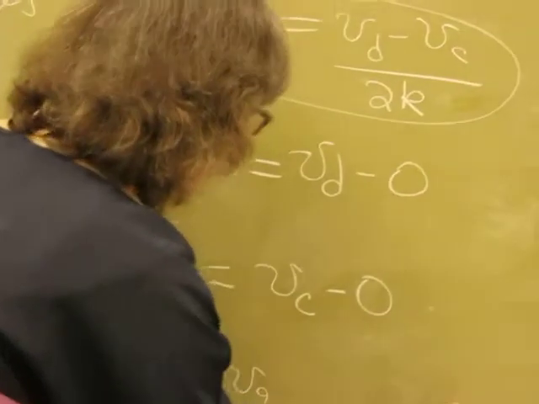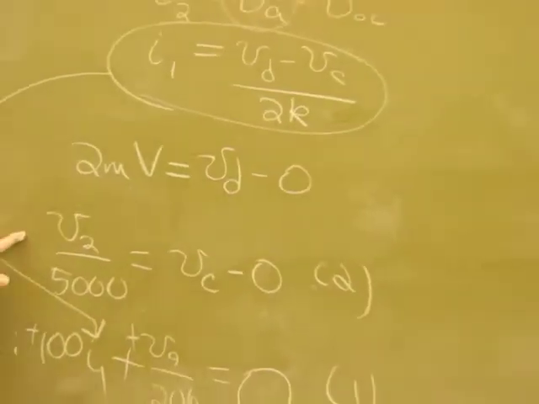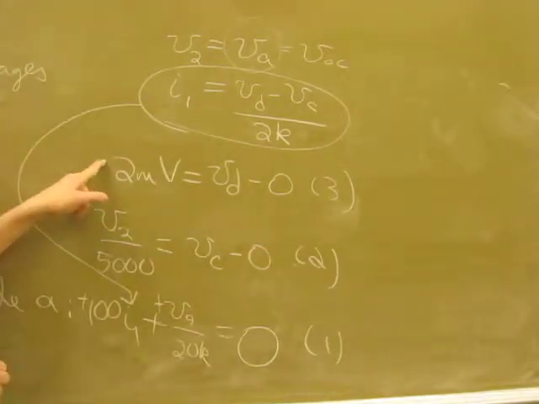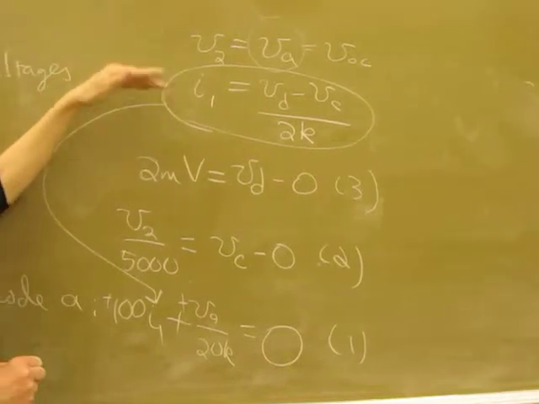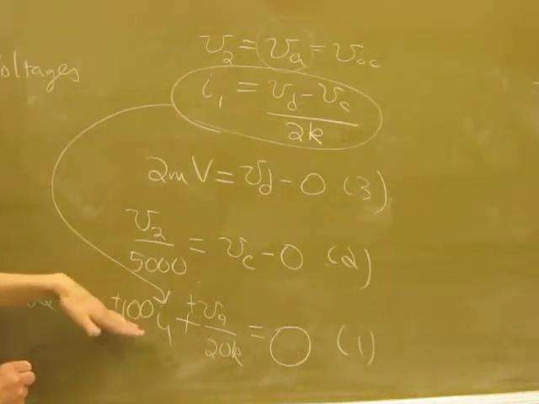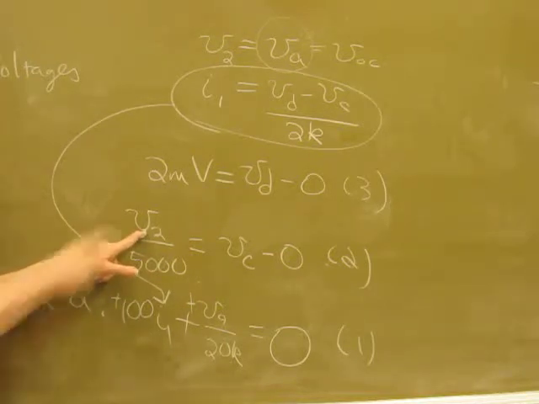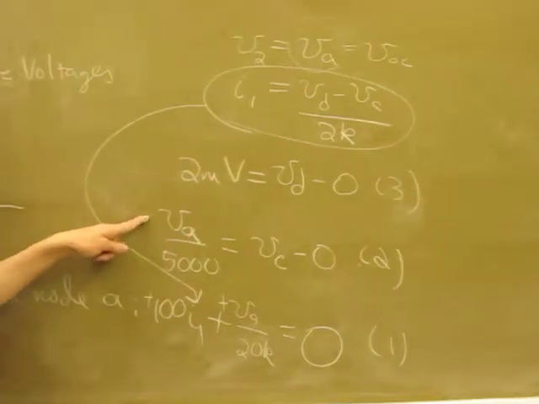So that's one equation with just node voltages. Here's another equation with node voltages. Here's a third equation with just node voltages. And I'm sorry, V2 is not a node voltage, but we know that V2 is equal to VA. So now it is.